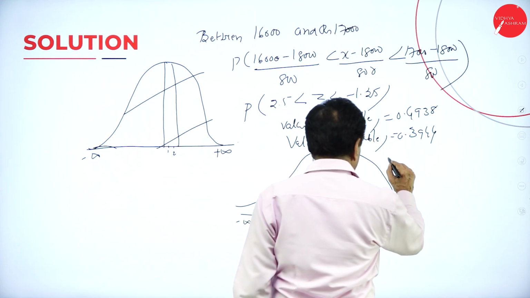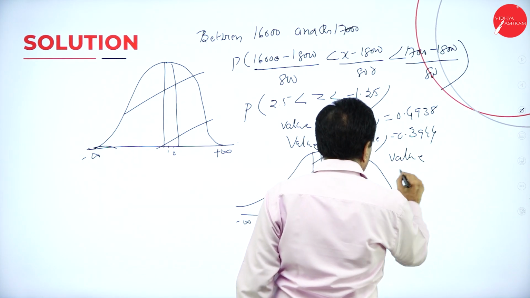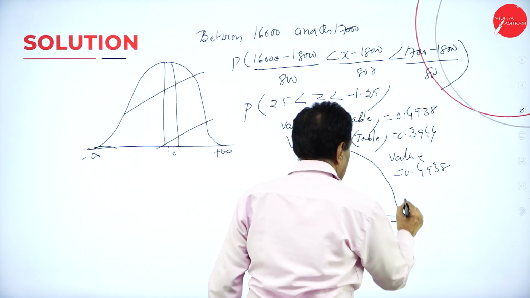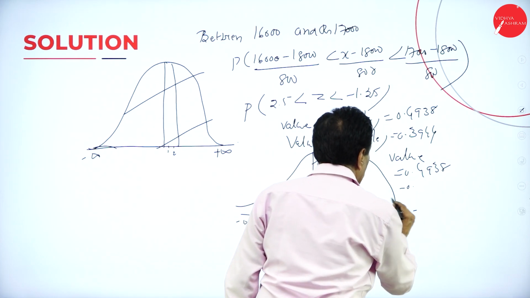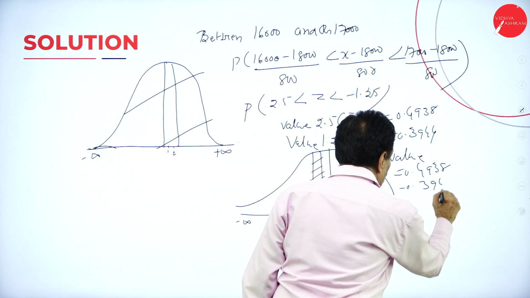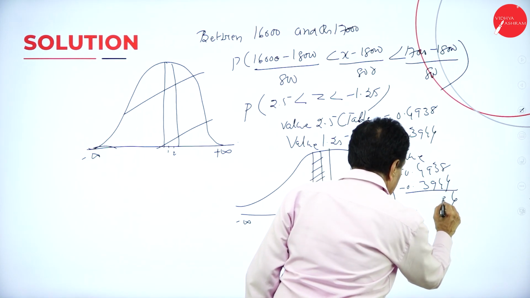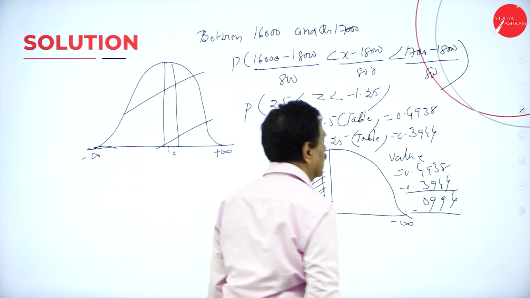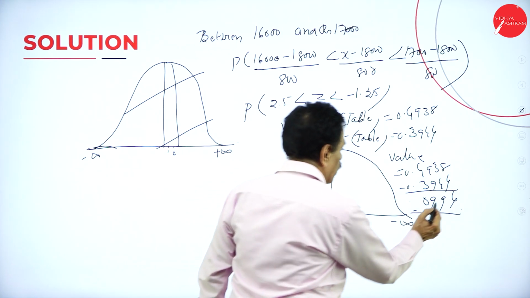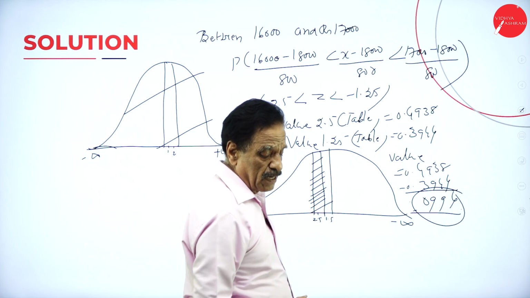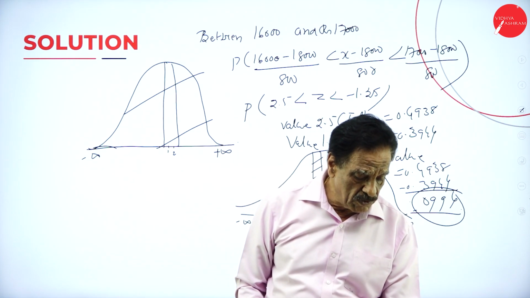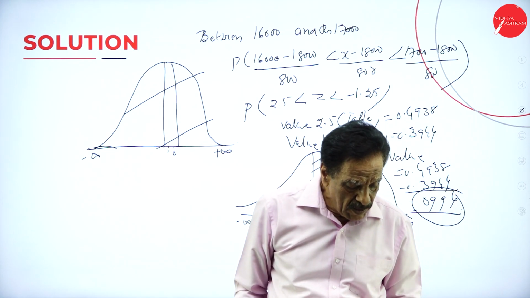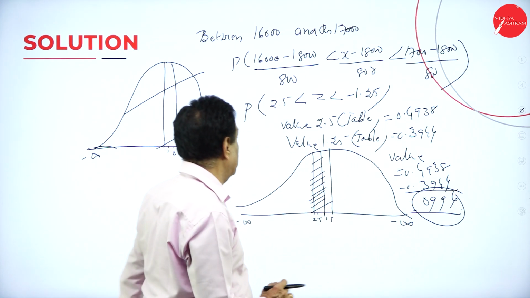Therefore, the value is 0.4938 minus 0.3944, which is 0.0994. The number of employees is not given.